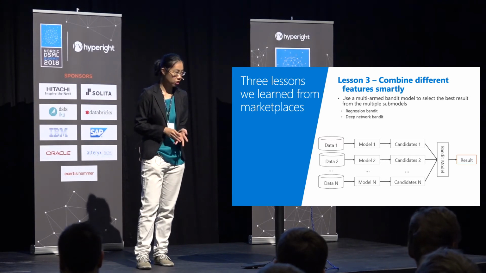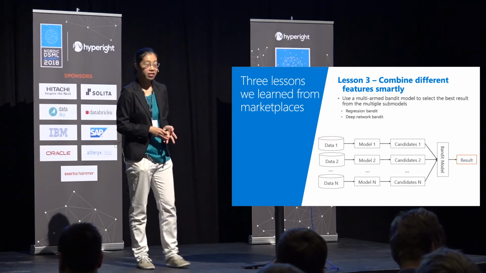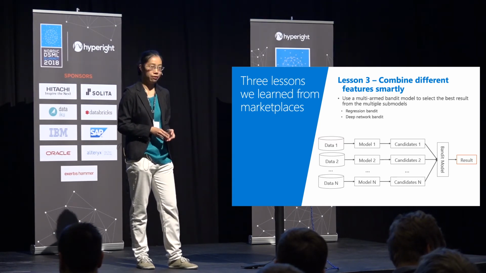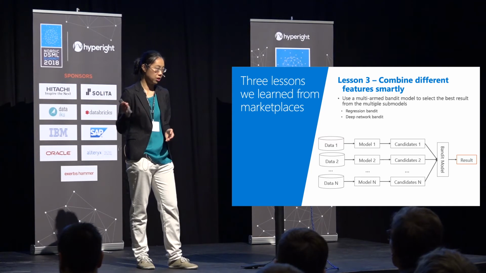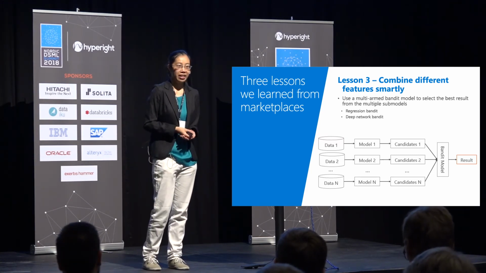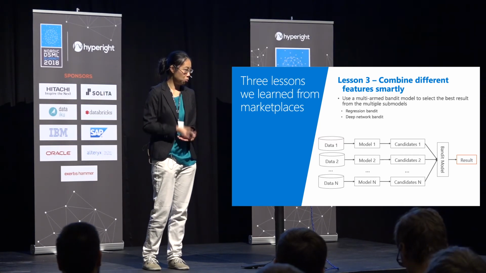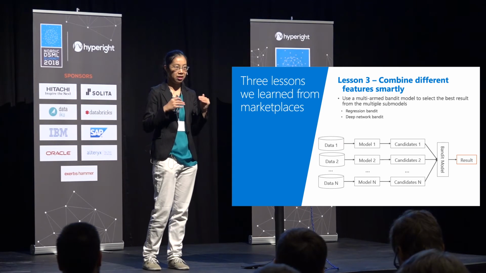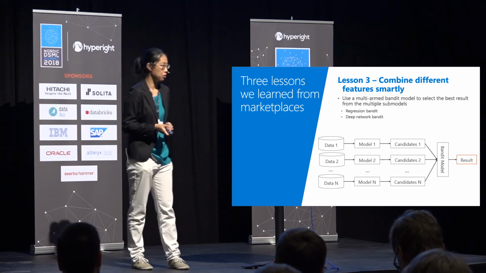You can use a regression, you can use a deep network. This is up to you. But in general, we find it quite interesting that the final results, as you can imagine, are better than any single model. Yet, we do see that some of these different models perform best in different scenarios.